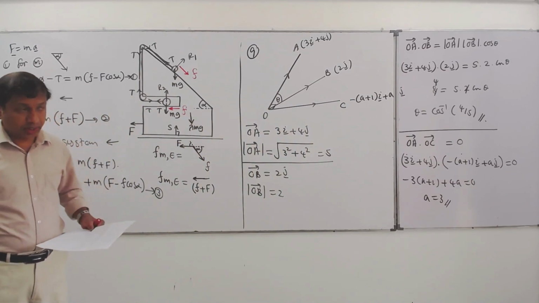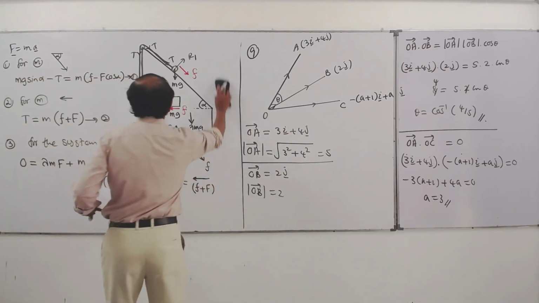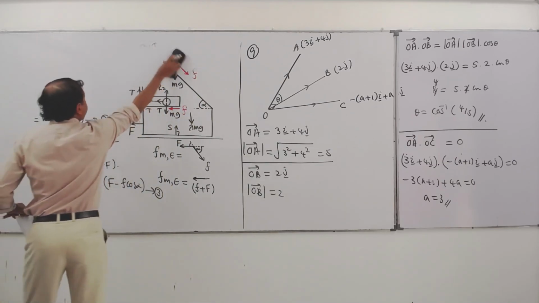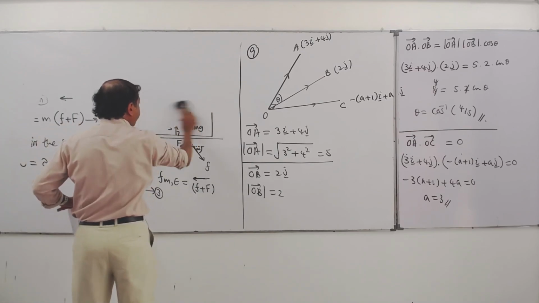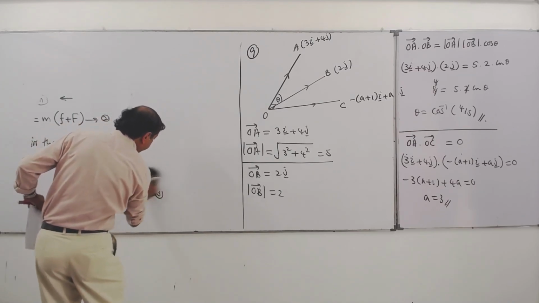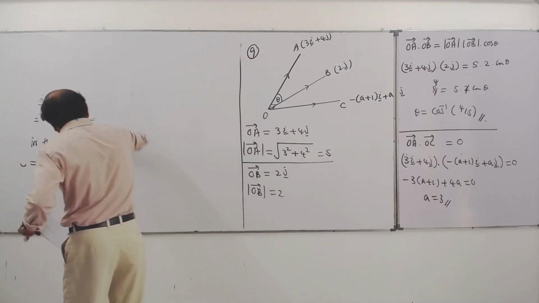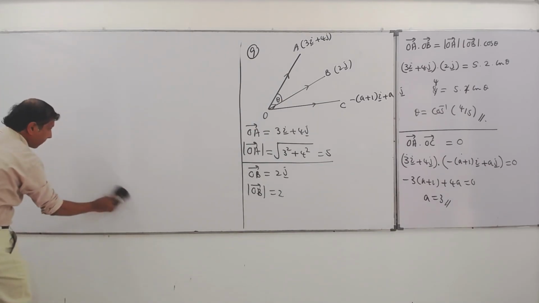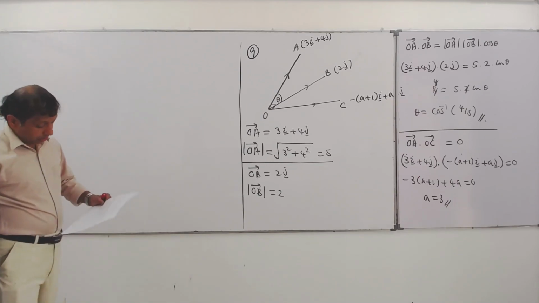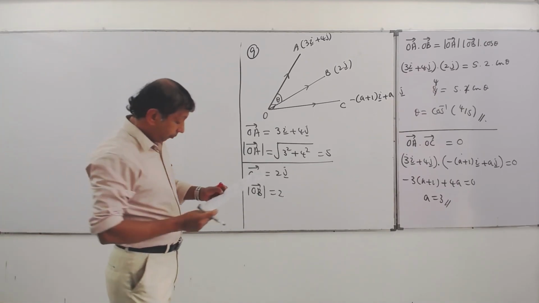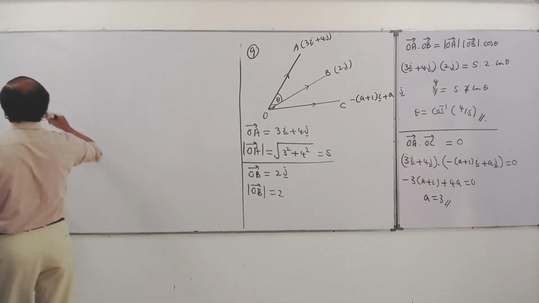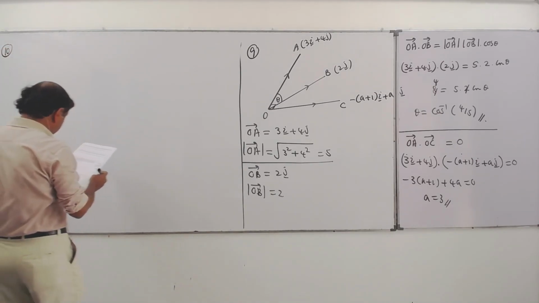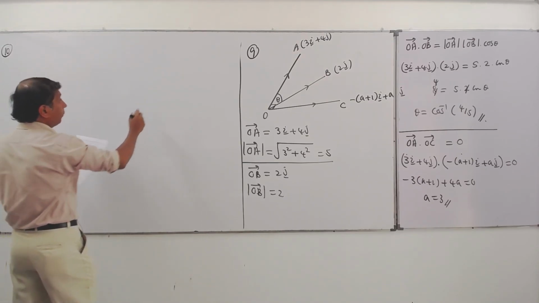Right, the question number 10, the last question. A uniform rod of length 2a, mass m, smoothly hinged at A, this way.